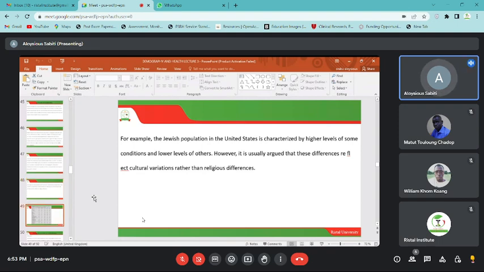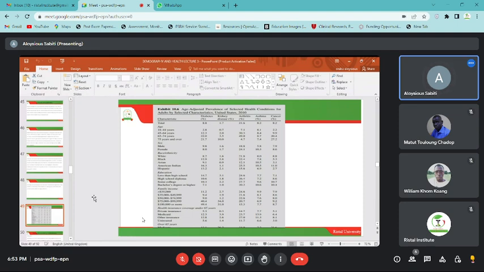Here I've given you an example of what you could actually do in trying to understand the characteristics that I have been explaining. You can see here in exhibit 10.6, it is called the age adjusted prevalence of selected health conditions for adults by selected characteristics in the United States in 2010.